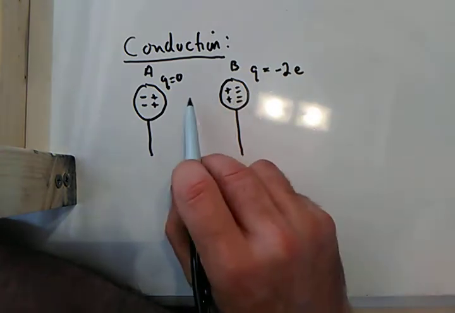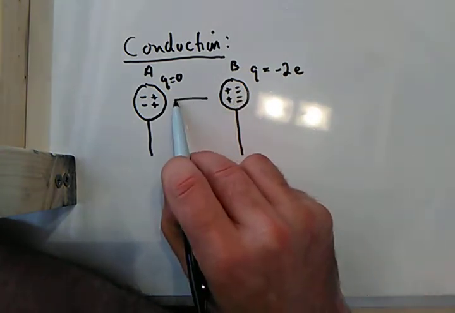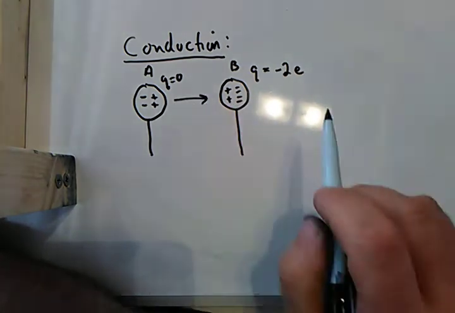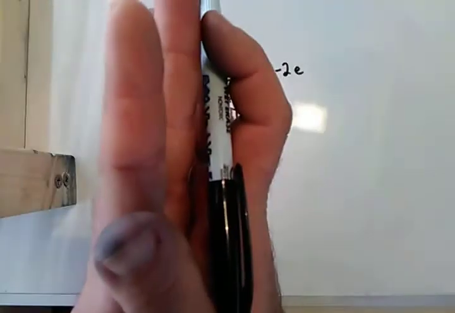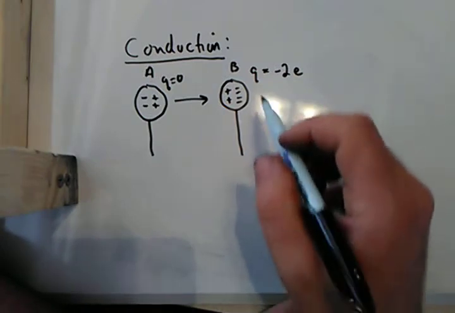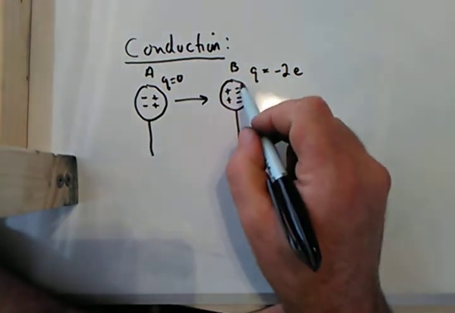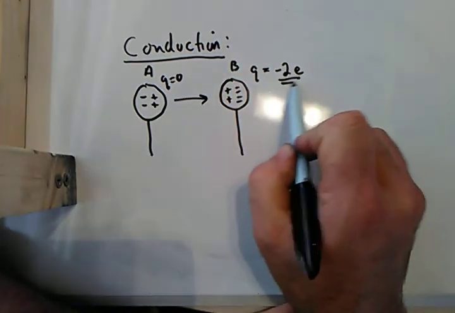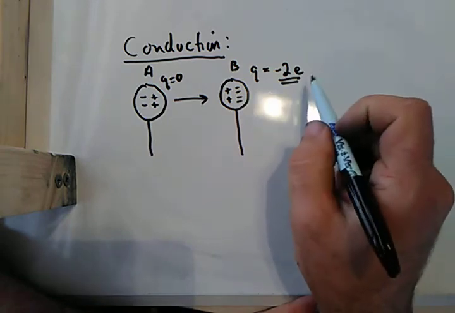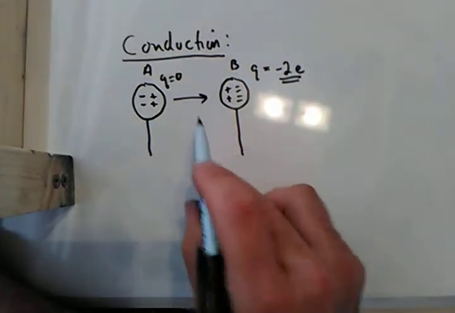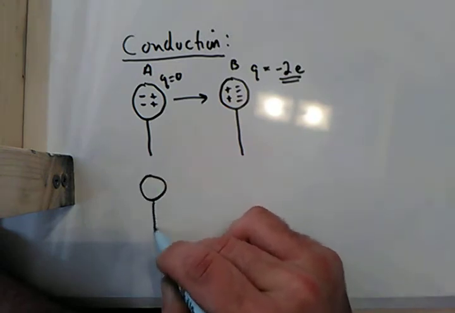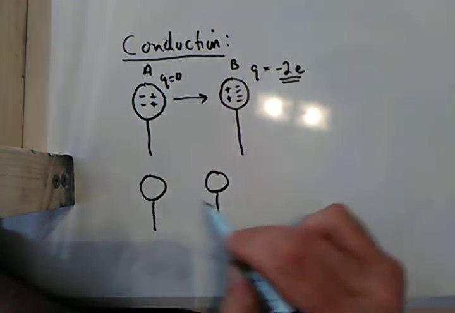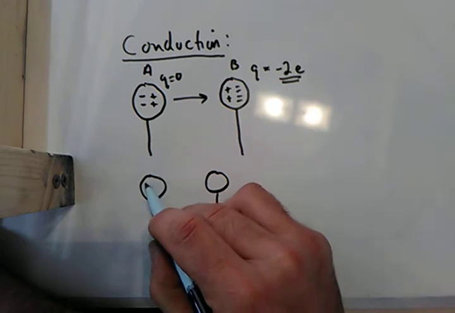If I bring these two objects together and touch them, the number of electrons is dispersed between both of these objects. So if I touch them together and then bring them apart, I've got a situation that looks like this.